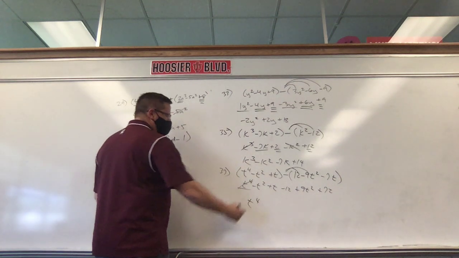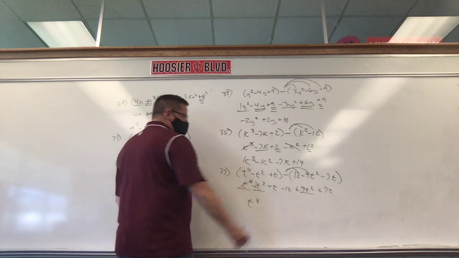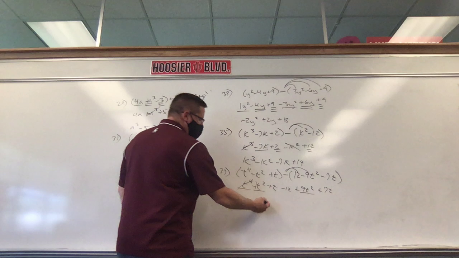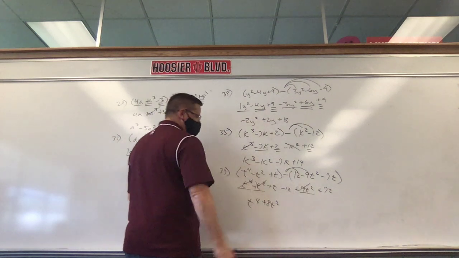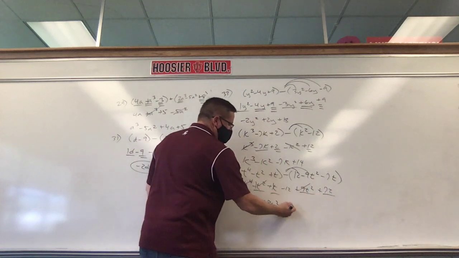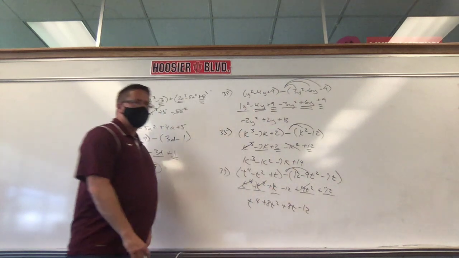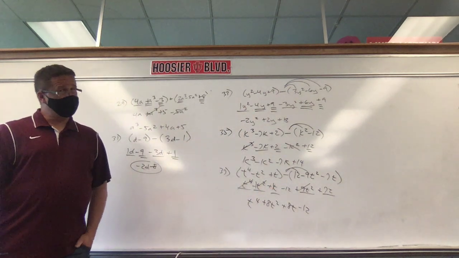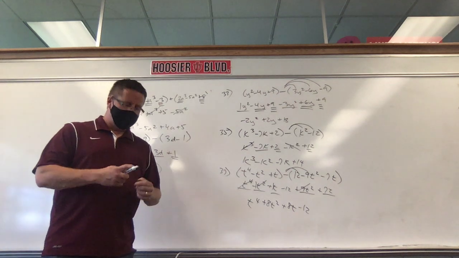Okay, the next biggest one is t squared. I have a negative 1t squared and a positive 9t squared. That's a positive 8t squared. I could also put together t, which is 1t, and 7t, that's 8t, and we still have the minus 12. Any questions on these? This shouldn't be difficult, okay? Let's try to knock these out. We are going to start a new section tomorrow, okay? Okay, let's get at it.